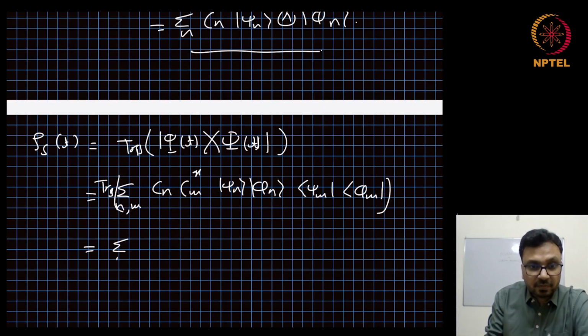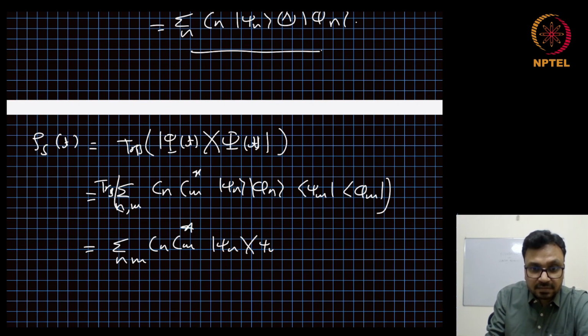And it will be sum over n, m, Cn Cm star, |ψn><ψm| <φm|φn>.